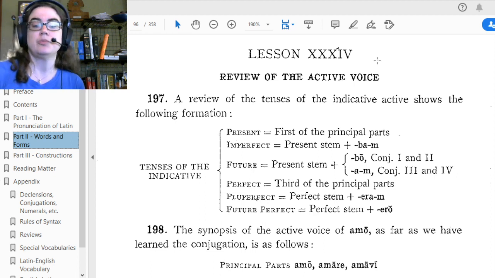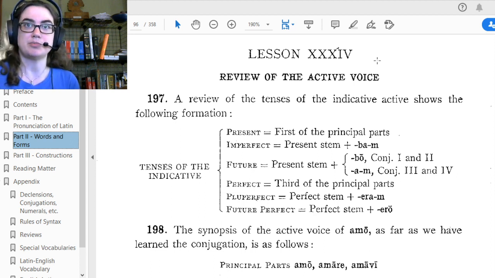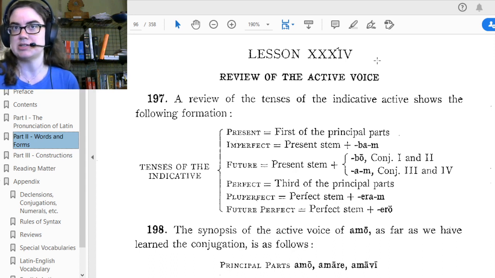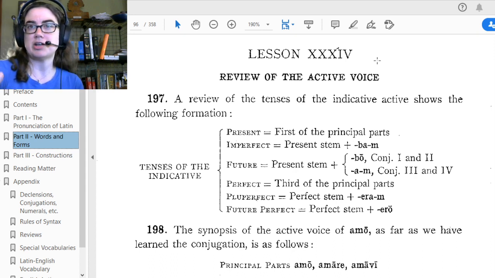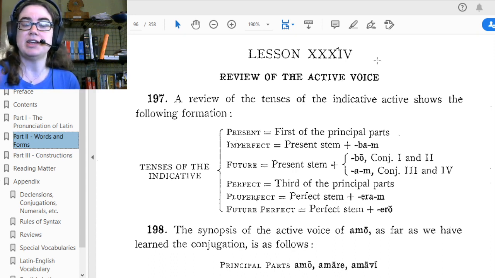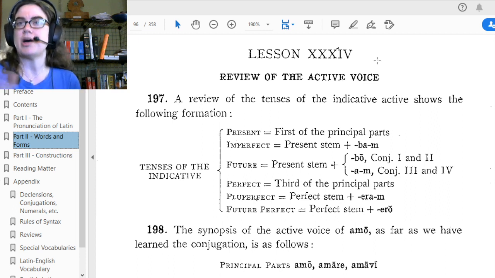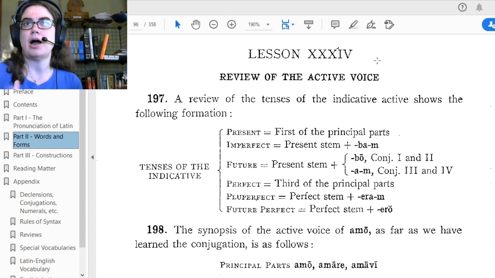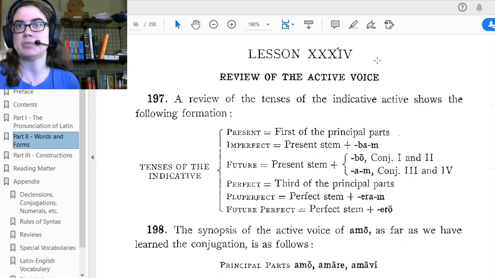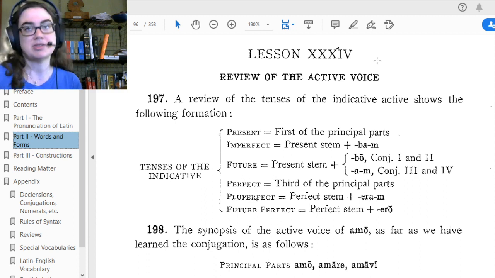For the future, we get the present stem again from the second principal part. We add our infix for the first and second conjugation, bi, and then our personal endings, o, s, t, mus, tis, nt. For the third and fourth conjugation, instead of an infix, we're not putting something in, we're just vowel shifting. So it's an A and then an E, a long E in most of them, and then the personal endings again.